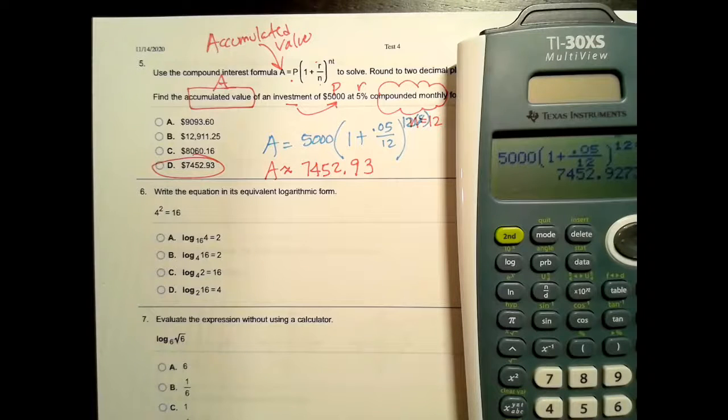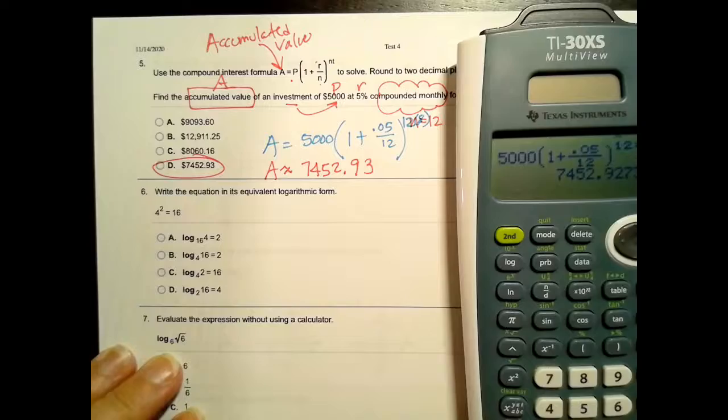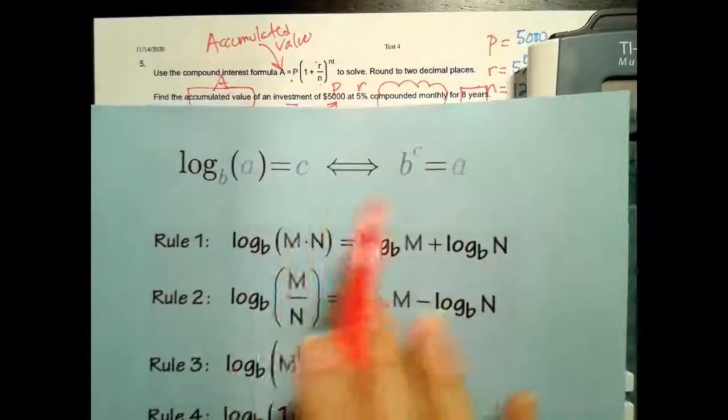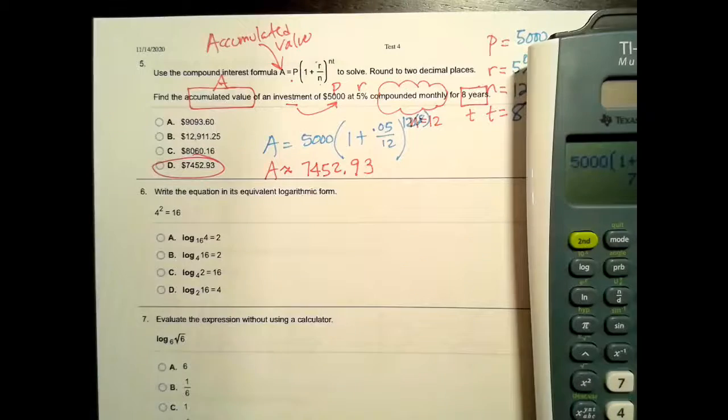So for our next problem, we're going to have to go back and remember some from our rule page, this top line from our rule page, that's going to help us.